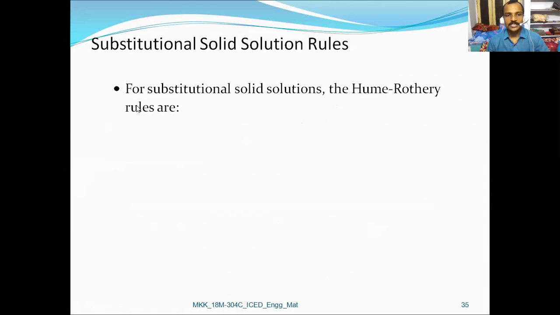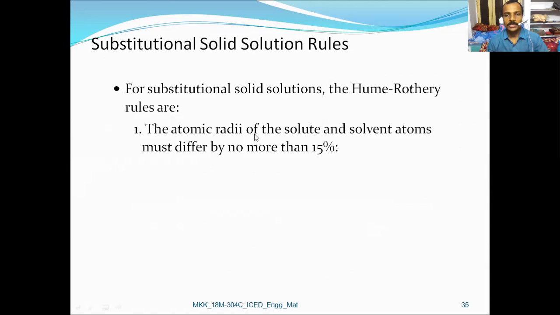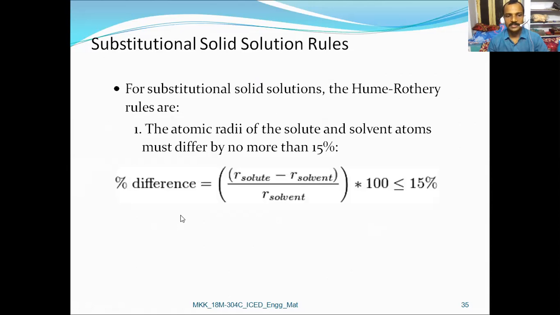For substitutional solid solutions, the Hume-Rothery rules are: the atomic radii of the solute and solvent atoms must differ by not more than 15%. So the relation given here is the percentage difference, which is radius of solute minus radius of solvent, divided by radius of solvent, times 100, which should be less than or equal to 15%.